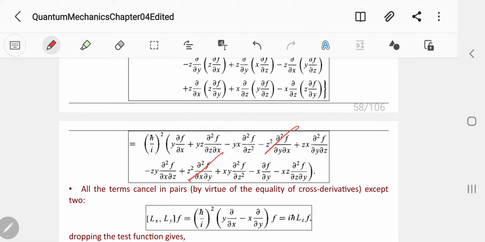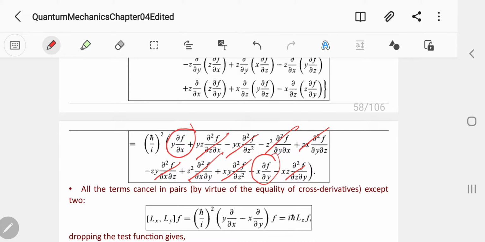This one will also cancel here, and this one will also cancel, and also this one will cancel. So you're only left with this and this one.